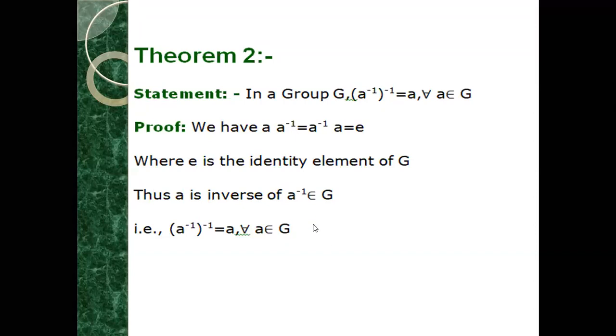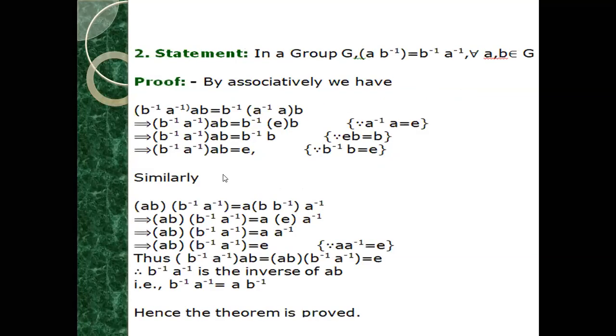Next statement. In a group G, AB whole inverse is equal to B inverse A inverse for all A, B belonging to G. So we have to prove AB whole inverse is equal to B inverse A inverse.